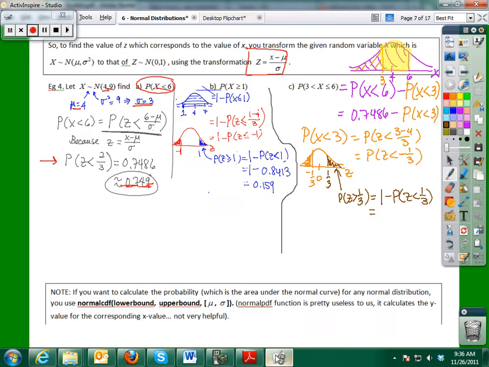So coming back, I've got 1 minus 0.6293 as my probability that z is greater than positive 1/3, which is equivalent to the probability that z is less than negative 1/3. So my whole statement, the probability that 3 is less than x, which is less than or equal to 6, is equal to 0.7486 minus whatever this brown quantity is here.